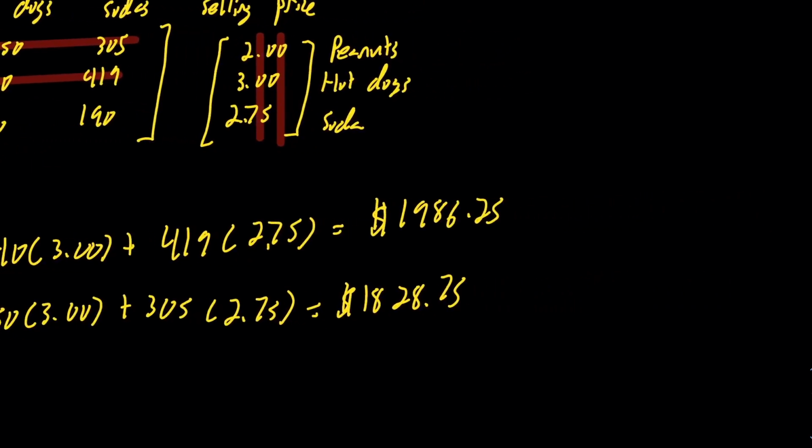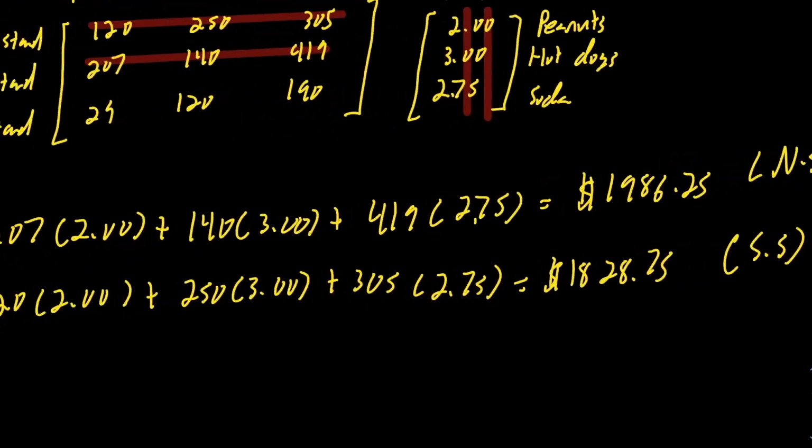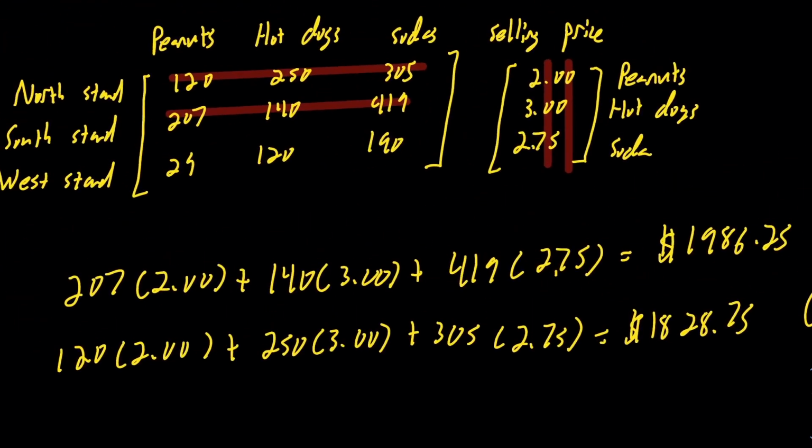So the 1986, I'll initialize that as NS for north stand, and the value underneath that will be SS for south stand. Feel free to calculate the total sales recorded for the west stand.